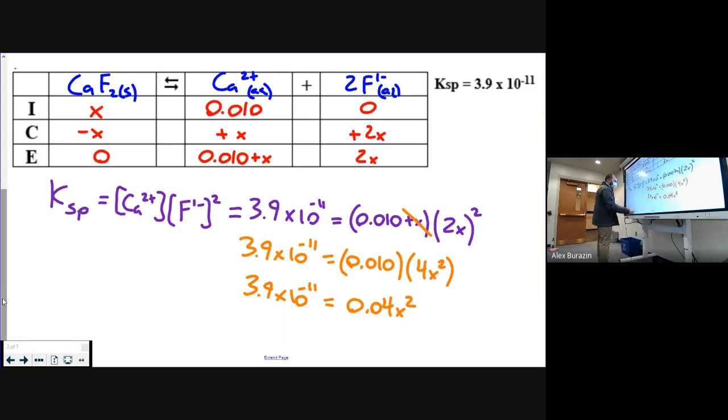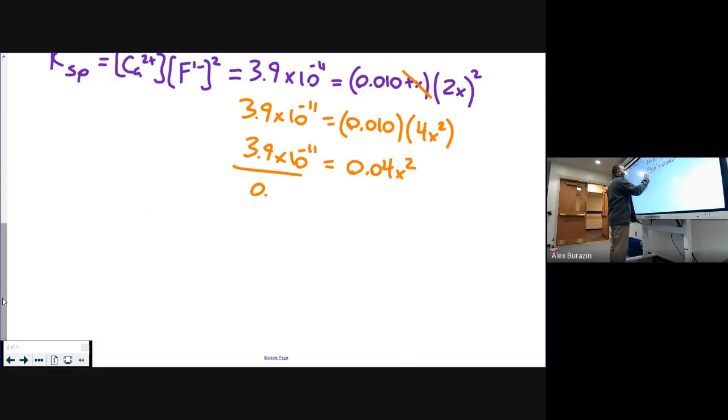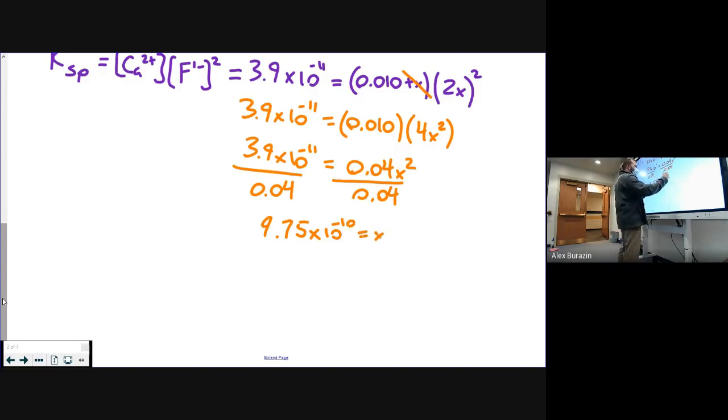Let me divide by 0.04. Obviously, I'm ignoring sig figs throughout the process. We'll deal with it at the end. There we go. 9.75 times 10 to the negative 10 equals x squared. We'll square root, and we get x equal to 3.12 times 10 to the negative 5.